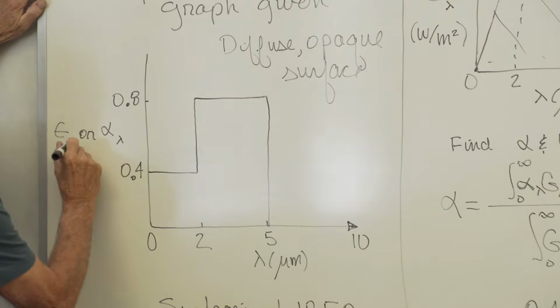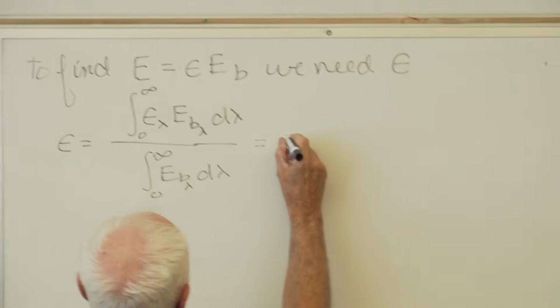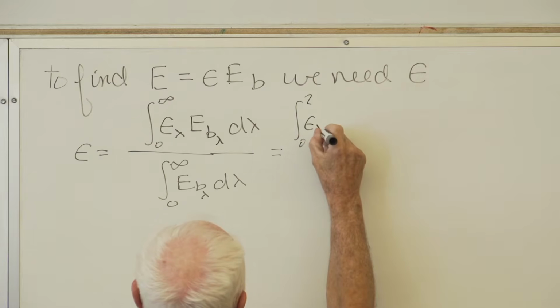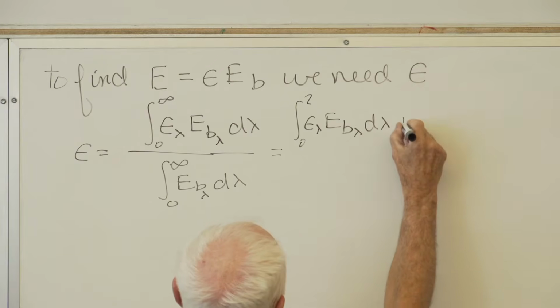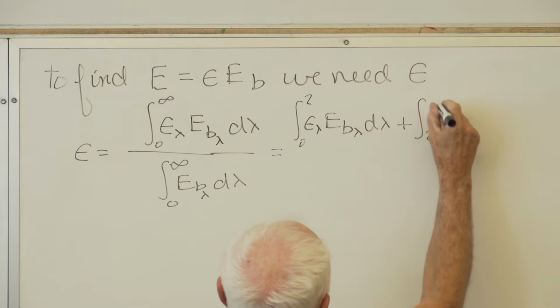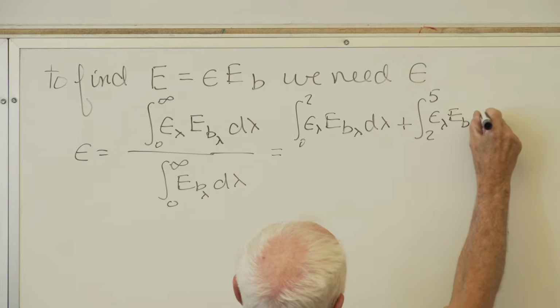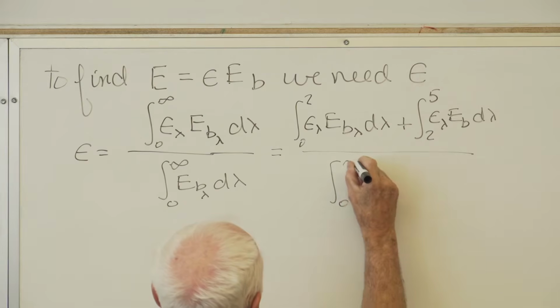Okay, so do what it says. Break this down into integrals 0 to 2 epsilon lambda E_b lambda d lambda plus 2 to 5, divided by integral 0 to infinity.